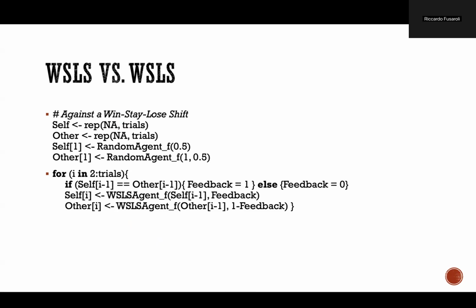The choice of self at time i is the win-stay, lose-shift agent determined by the previous self choice and the feedback, while the other is the win-stay, lose-shift agent with the previous other choice, their own choice, of course, and 1 minus feedback. Why? Because it's a zero-sum game, meaning that if one wins, the other loses. And that's an endless source of bugs when we do these kinds of things, right? Just making sure that we put in the right feedback for the right agent.